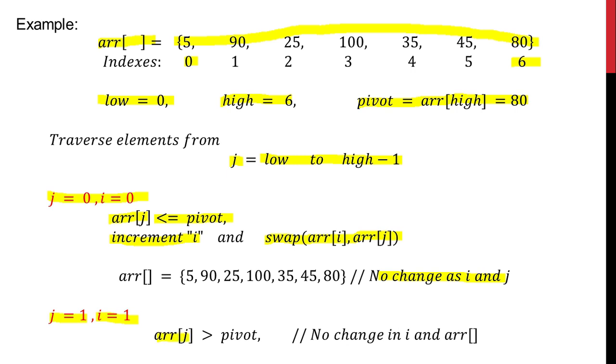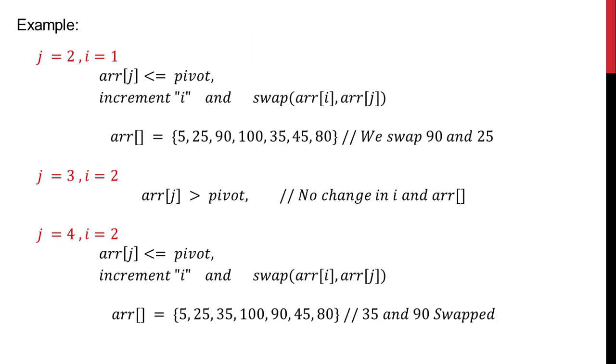Now the jth element is greater than the pivot, so no change in i and no exchange. So again j is equal to 2, i is equal to 1. Now the jth element is less than the pivot, so again increment i and swap the ith element with the jth element. That means 9 and 25 are swapped with each other.